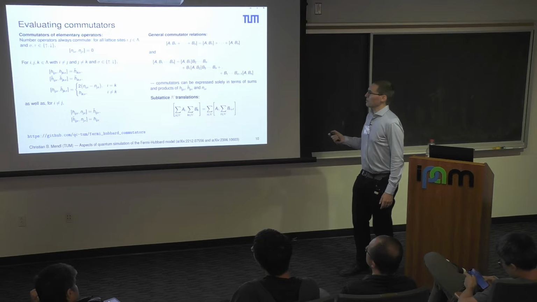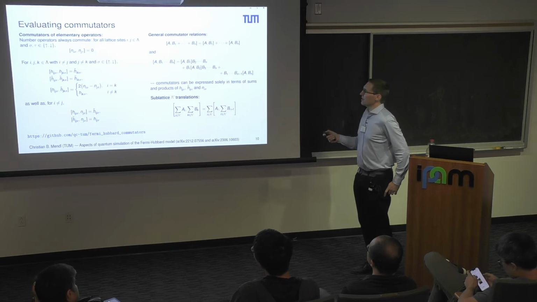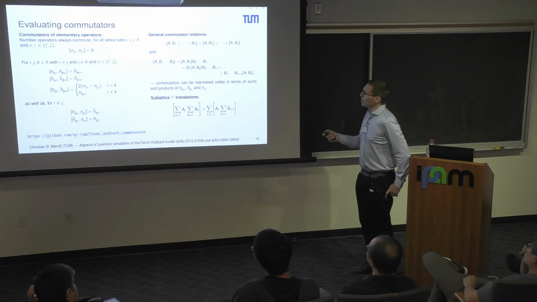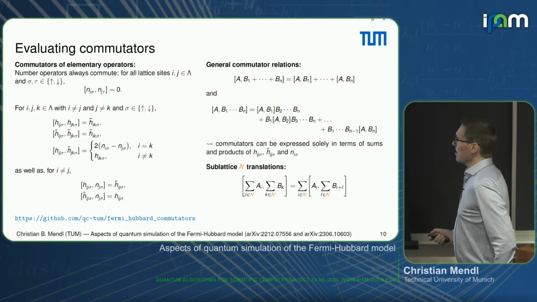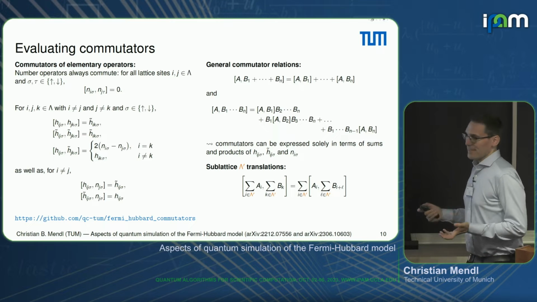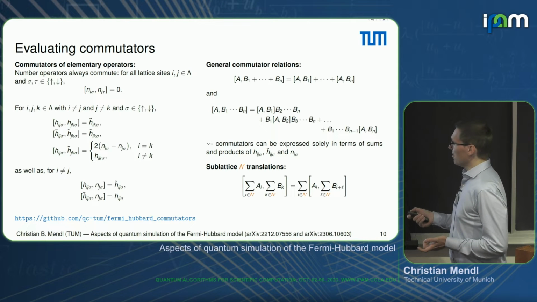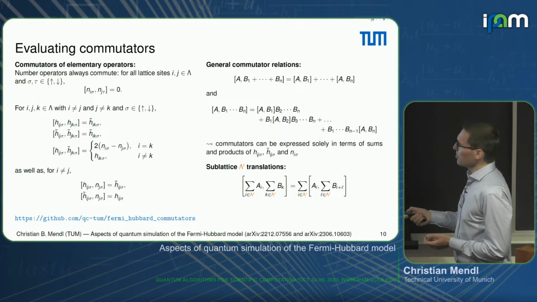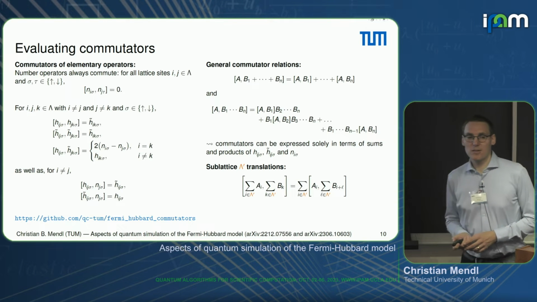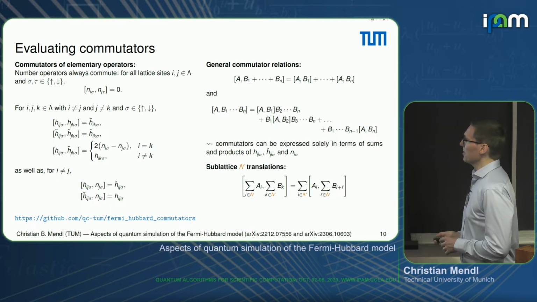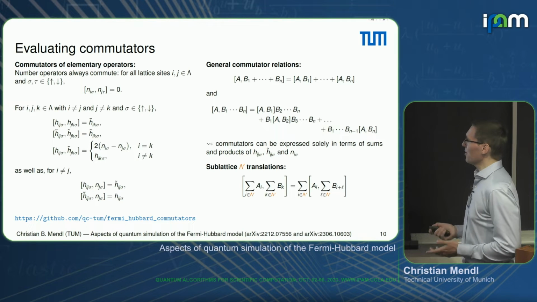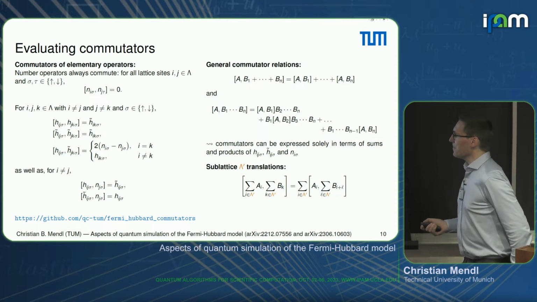What we still need as an ingredient is the relation that a commutator of a sum is the sum of the commutators, and a commutator of a product can also be expanded in this way. But as I said, it's a closed system, so we will always just have sums and products of these elementary hopping and number operators, which is useful for actually implementing this later on.